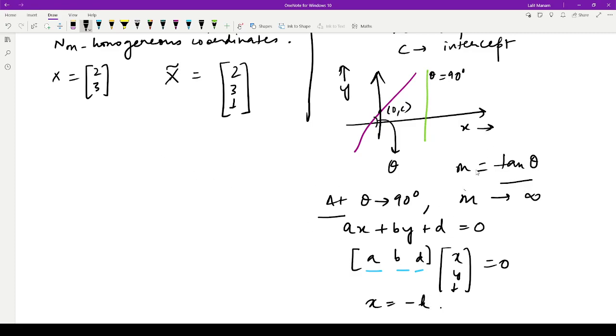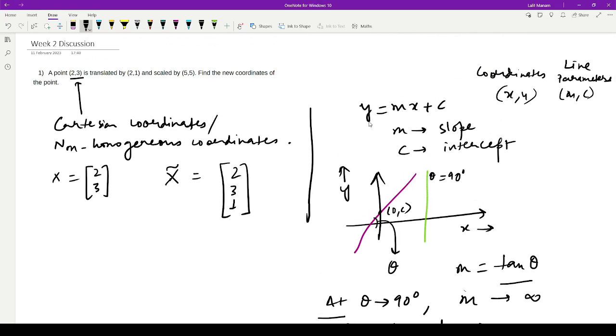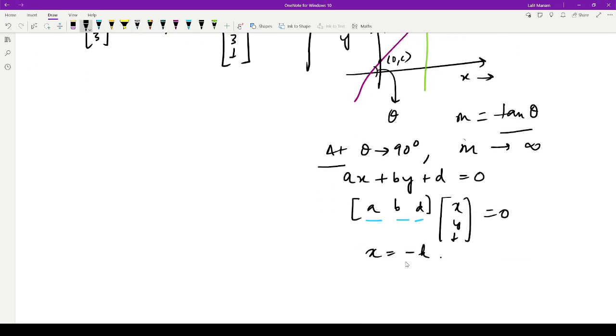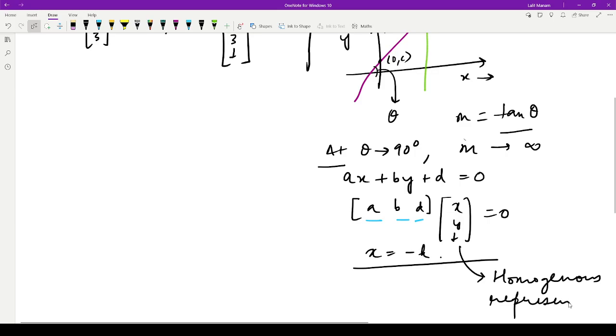You don't have to worry that at theta 90 you might want to reverse the roles of x and y to get an equation. Automatically you get all the things solved in this specific case. So with this, what we get is the homogeneous representation.